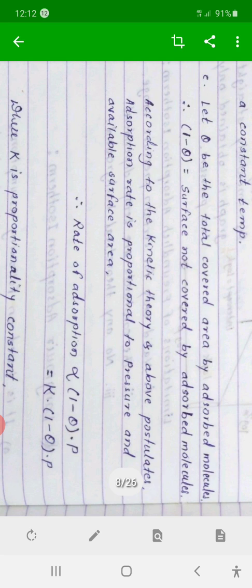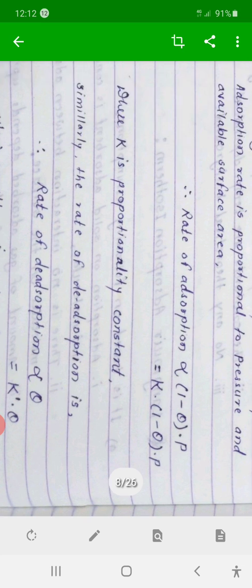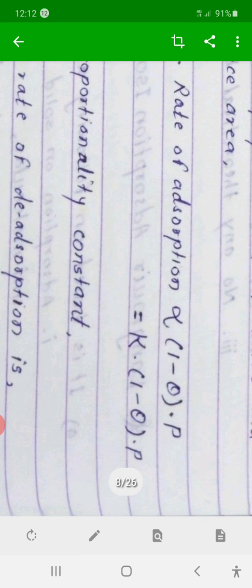According to the kinetic theory and the above postulates, the adsorption rate is directly proportional to the pressure and the available surface area of the adsorbent. Therefore, the rate of adsorption is proportional to 1 minus Q, the uncovered surface area, into P, where P is the pressure of the adsorbate gas.